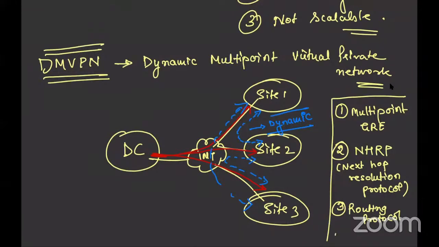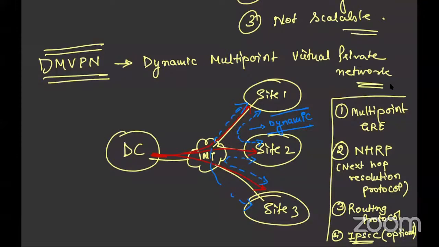And the fourth component is IPsec. So guys, what does IPsec do? Can anyone tell? Security. Yes, it provides you security and encryption. By default, your DMVPN is not encrypted. So IPsec is an optional parameter, but obviously if you are using it over the internet, you should always use it.